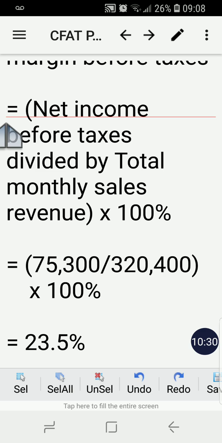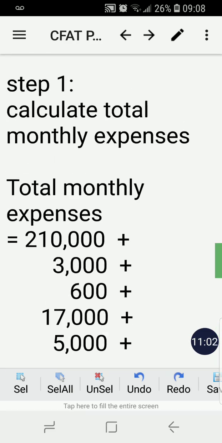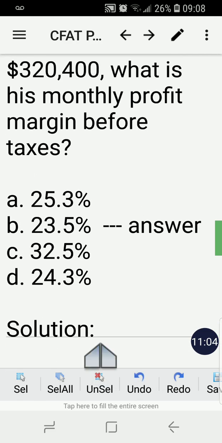We get the net income as 75,300 as we calculated above, divided by the given monthly sales revenue of 320,400, and then we multiply the result by 100%, and so we get 23.5% as the profit margin, which is letter B.